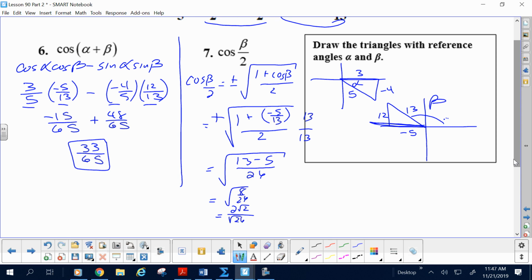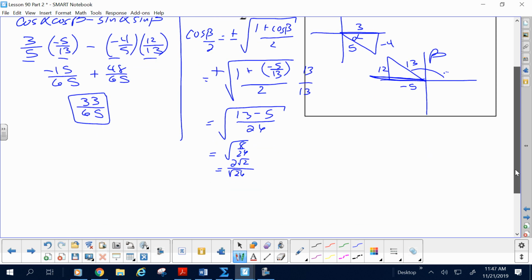I don't know if they clean their roots up in the book, don't they? So if you multiply top and bottom by root 26, you get 2 root 52 over 26. So root 52, this simplifies a lot, doesn't it?